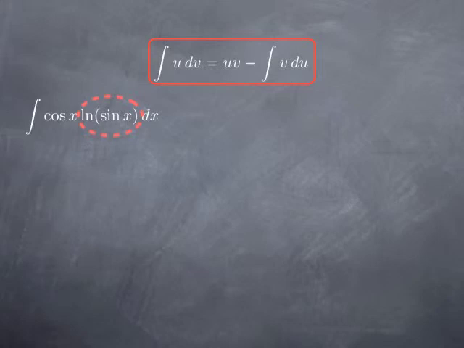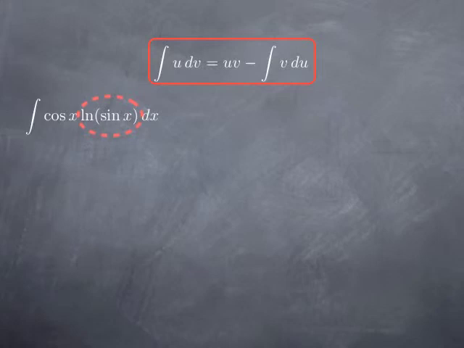So if we're going to try to use integration by parts, then the only choice would be to take u equal ln of sine x because we know how to differentiate it.